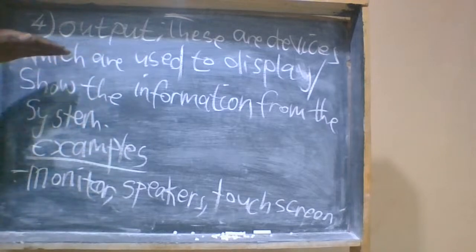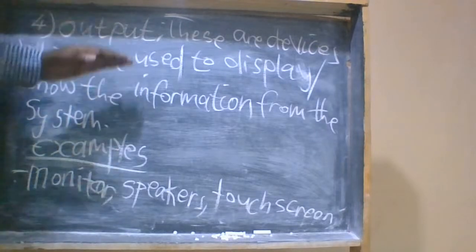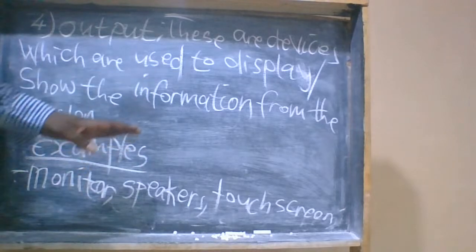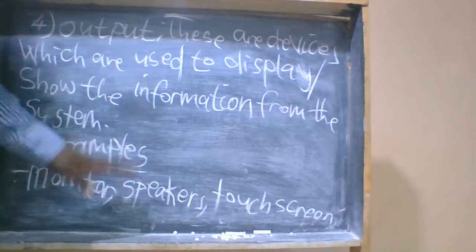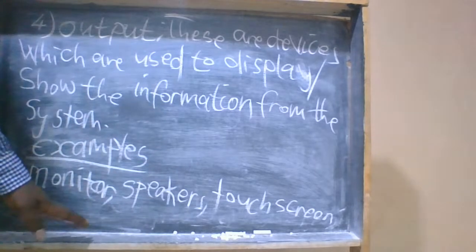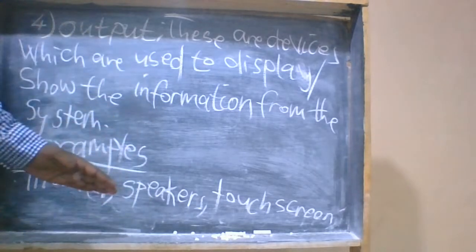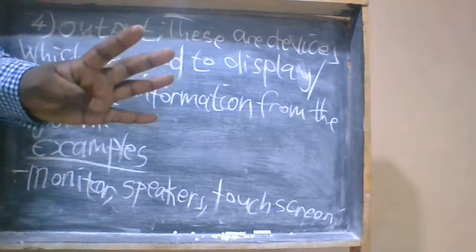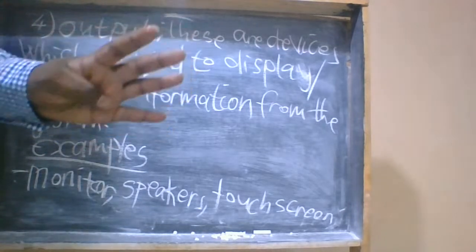So these computer components, in grade 8, grade 9, mostly they say they are peripheral devices. The peripheral devices are categorized into 4 major groups, or rather components.